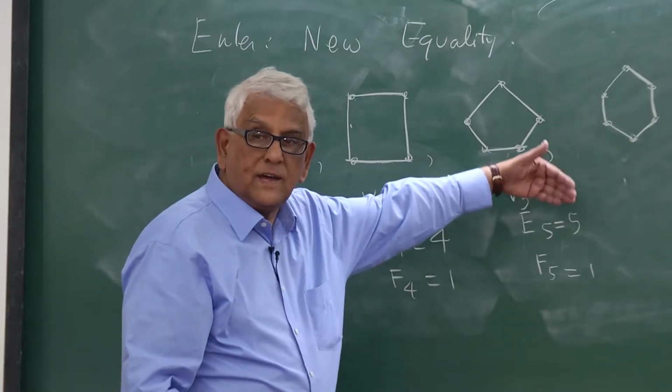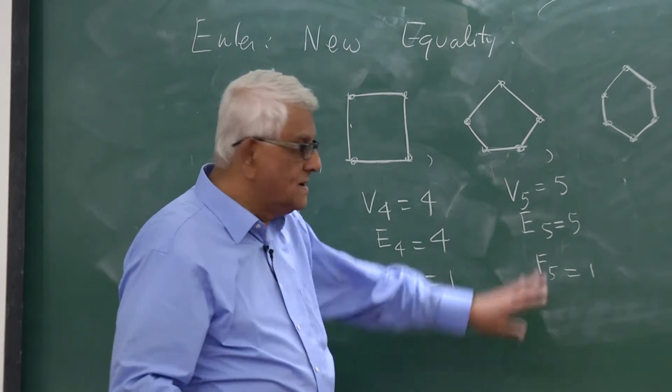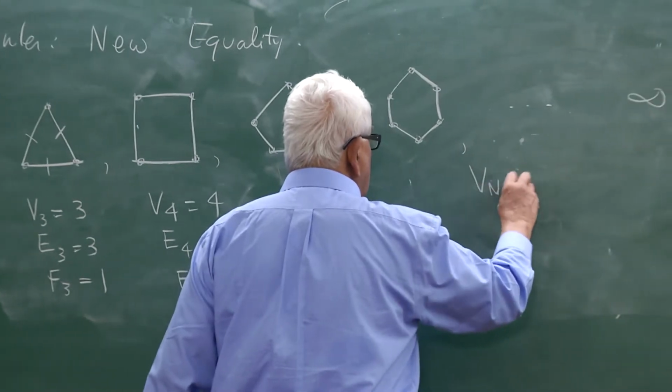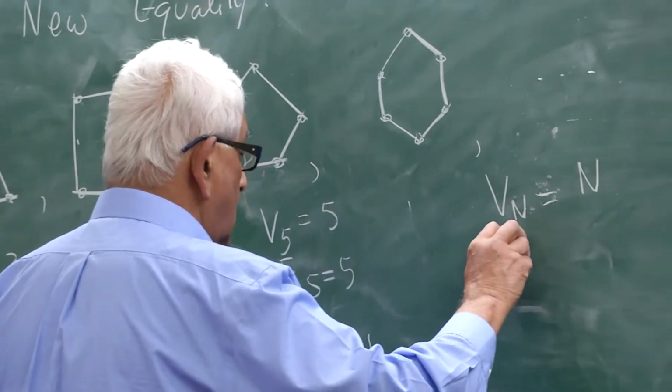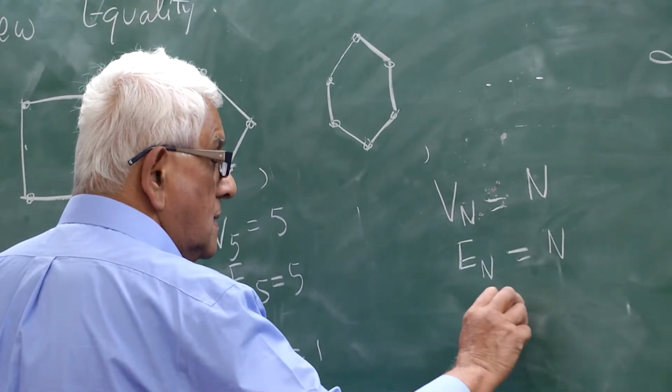This kind of boring, maybe exciting depending on your point of view, list can be continued, and you expect for V n there will be n, E n will be n, and F n is 1.